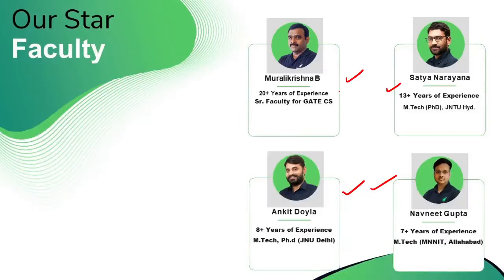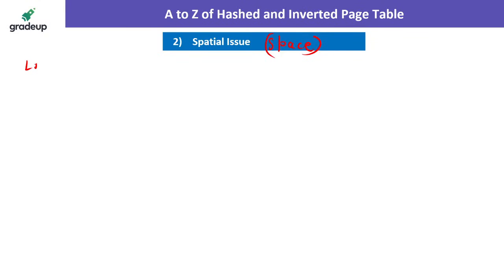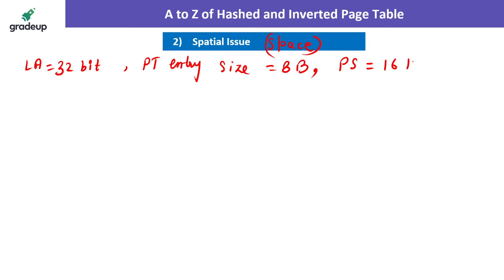Now suppose the logical address is 32-bit and the page table entry size is equal to 8 byte and page size is equal to 16 KB, then what will be the page table size?